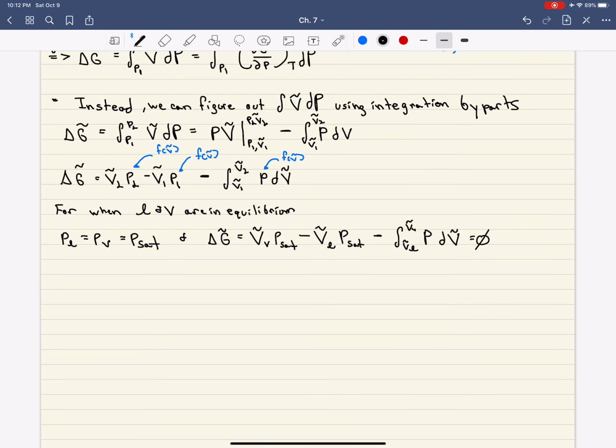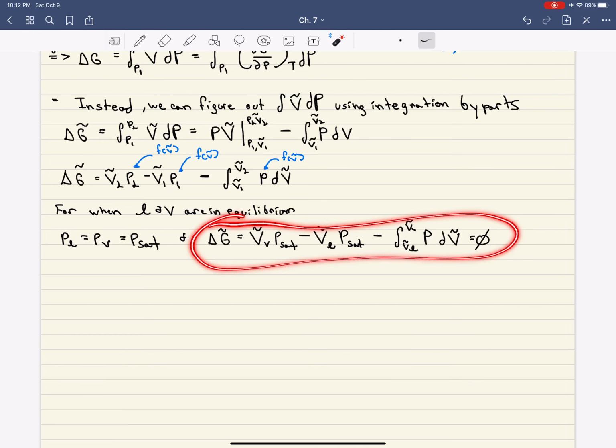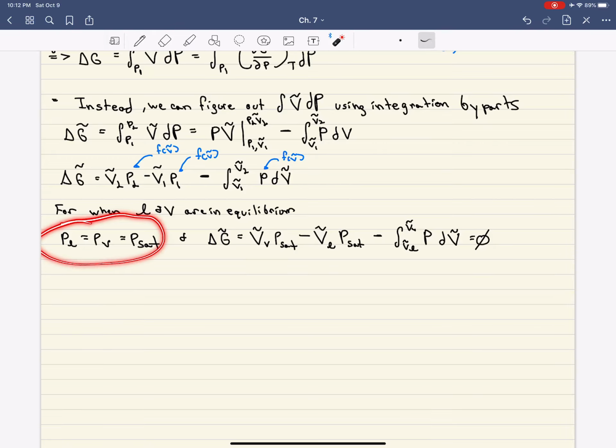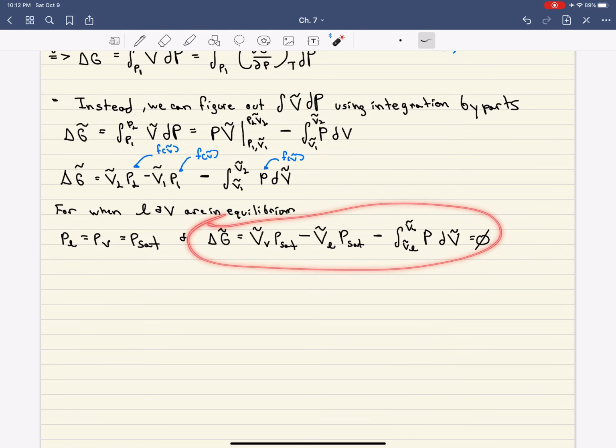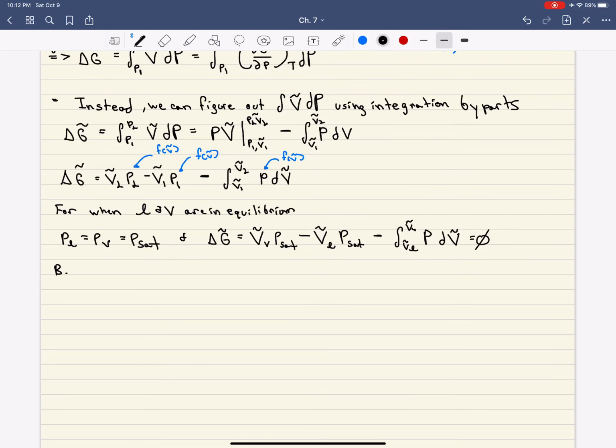If the liquid and vapor are in equilibrium, then that delta G would be equal to 0. Okay? And so not only do the pressures have to be equal, but that delta G needs to be 0. Those are both necessary conditions. Just having one or the other is not sufficient.